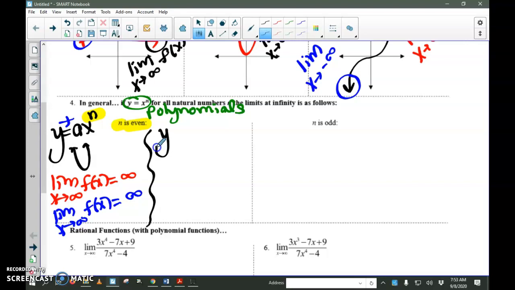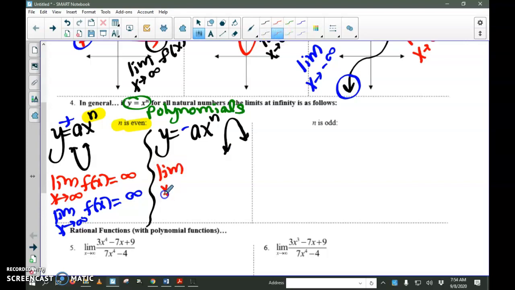So that other scenario occurs when that a value is negative. Okay, so if I have a negative leading coefficient, then the graph that I get when my exponent is even is facing downwards. So this would be like a negative x squared, negative x to the fourth. And as you can see, that's going to change our limits.